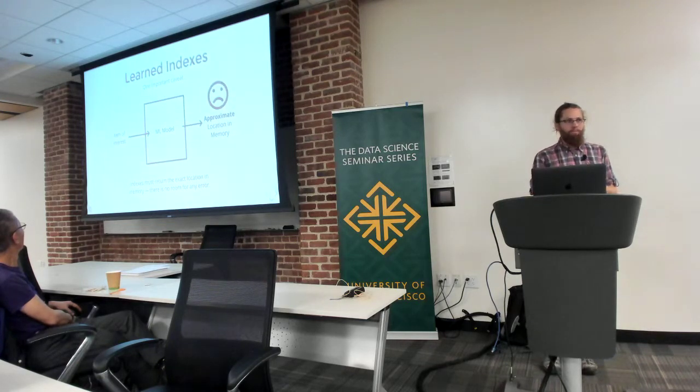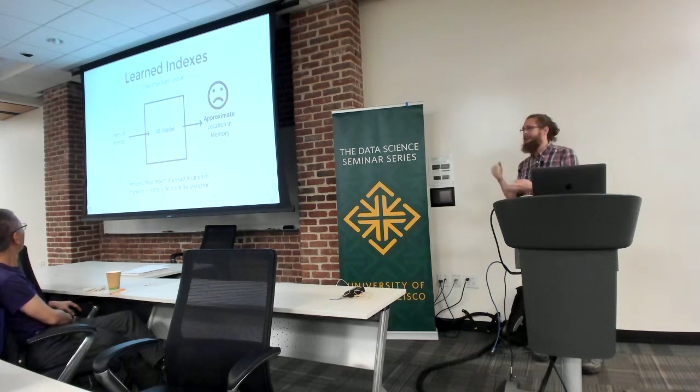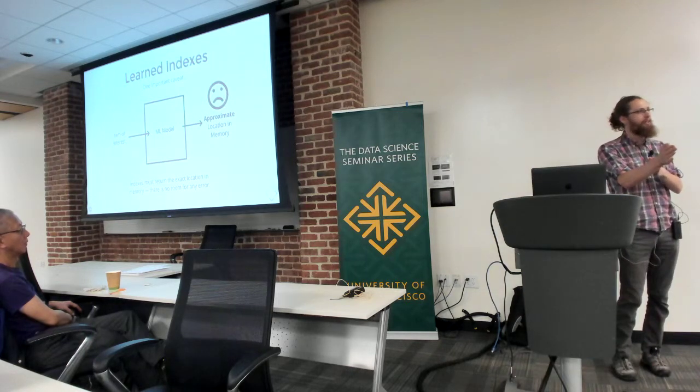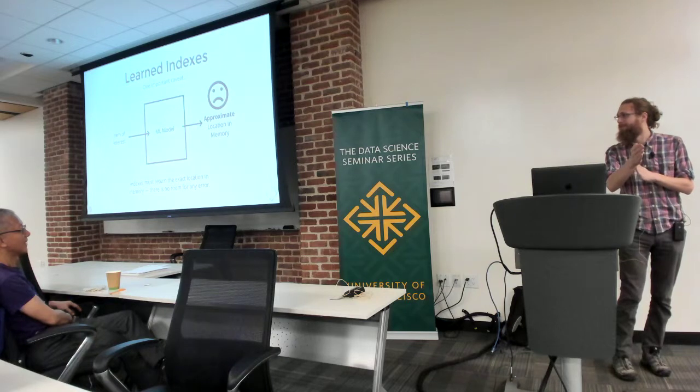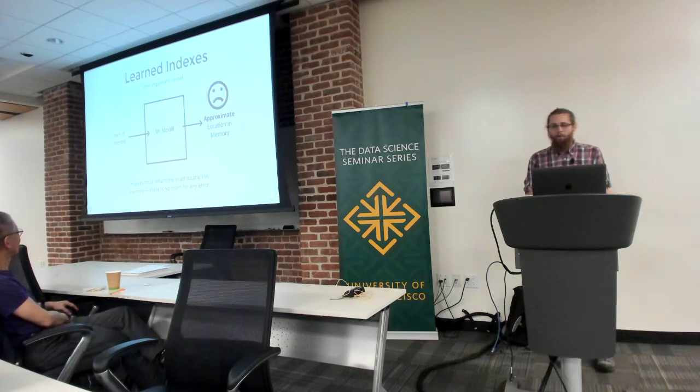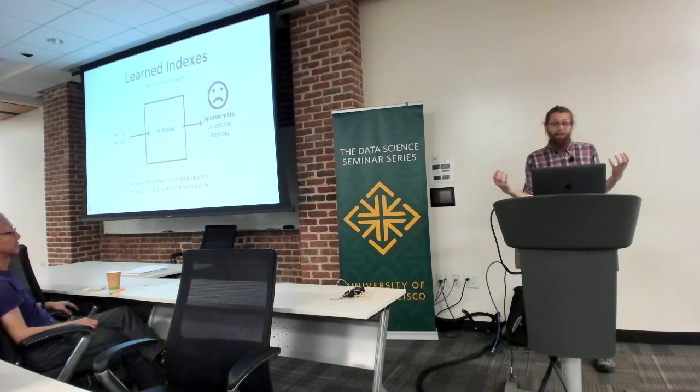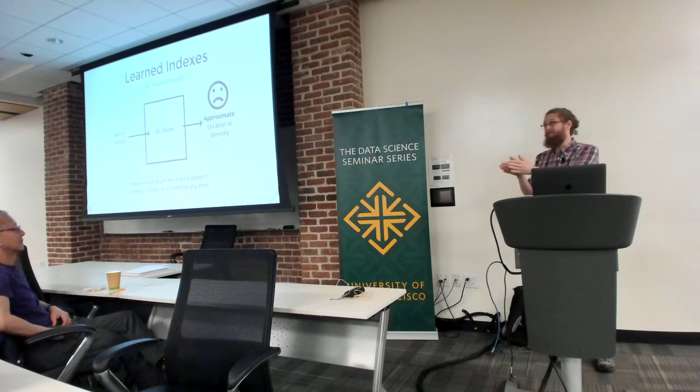But there's a pretty big caveat. If you put something into a machine learning model and you're expecting the exact correct outcome perfectly with no error, all of you know you're going to be pretty sad. That's not going to happen. Because indexing is not tolerant of even small errors.